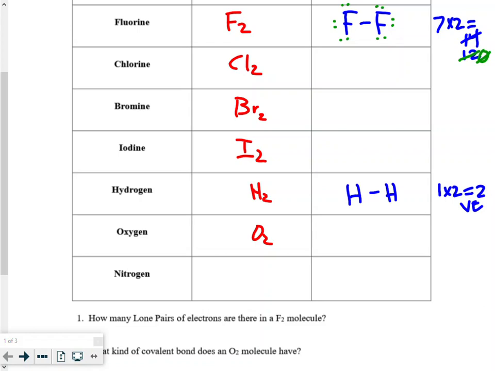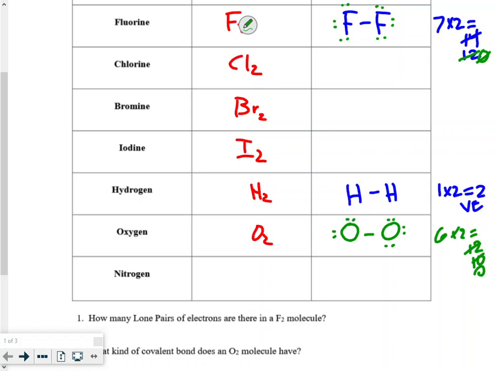But looking at, say, oxygen, because not all the diatomics are that easy. Let's look at oxygen. How many valence electrons does each oxygen bring in? 6, and there's 2 of them, so that's a total of 12. Well, we take our oxygen, we attach it to the other oxygen, so now I've used 2, down to 10 now. I do 2, 4, 6, 8, 10.